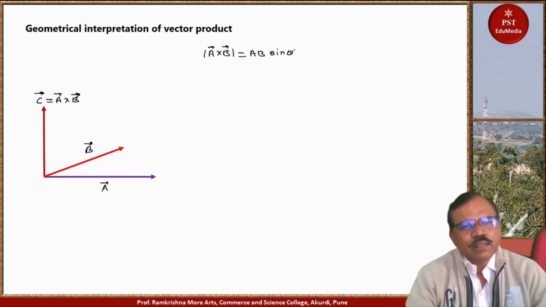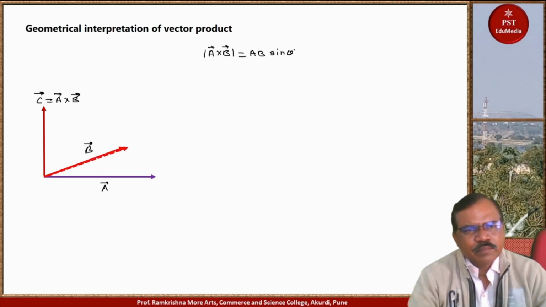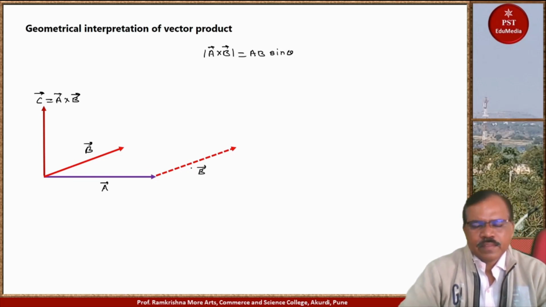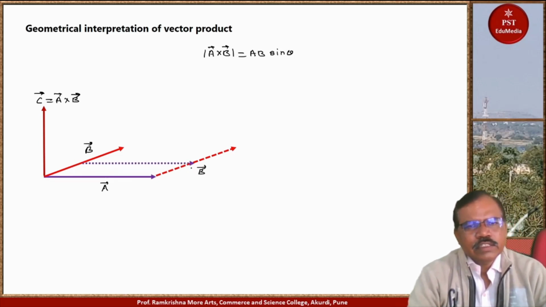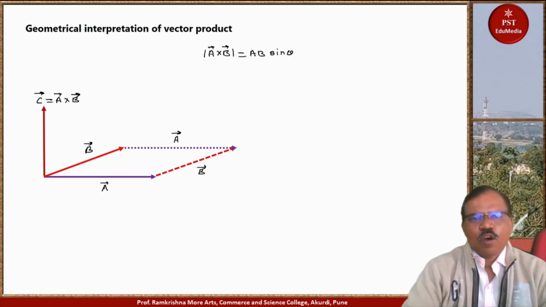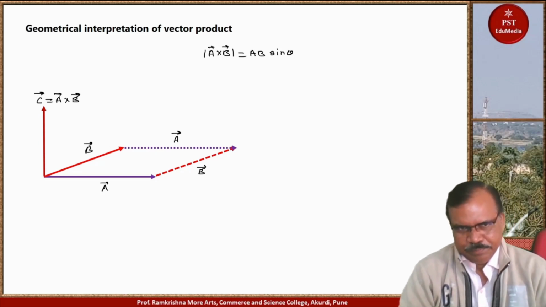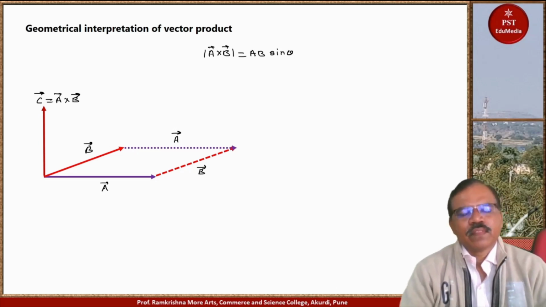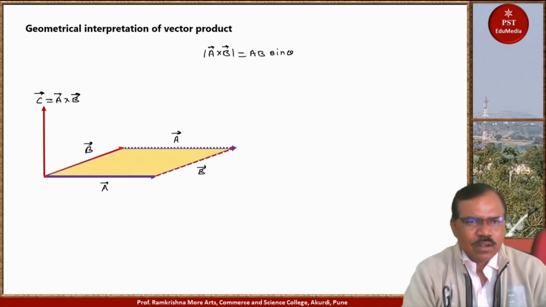Now see here, if we take vector A and vector B, this is a vector parallel to B, so I can take this as vector B. And this is a vector parallel to A. So see here, a parallelogram is formed by vectors A and B on the horizontal plane.